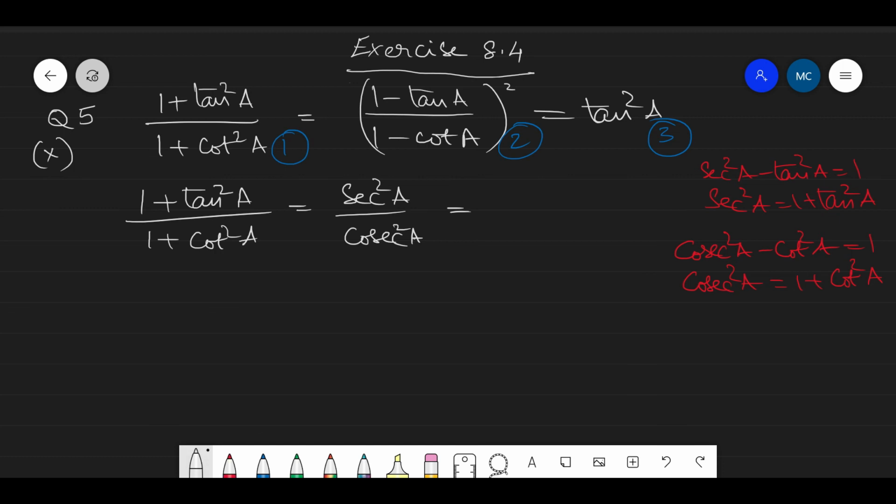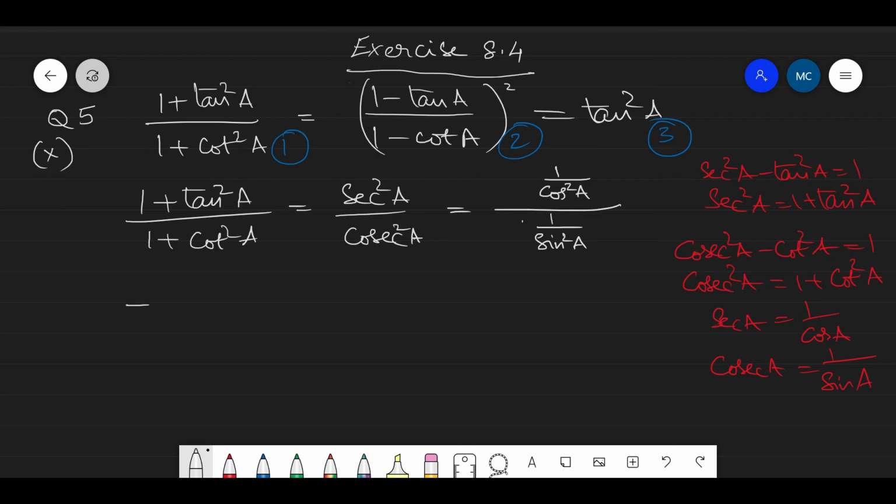And we know that secant square A is 1 by cos square A and cosecant square A is 1 by sin square A. Already we know this. Secant A is equal to 1 by cos A and cosecant A is equal to 1 by sin A. So using that we wrote this.